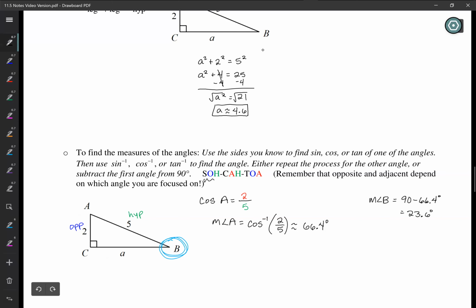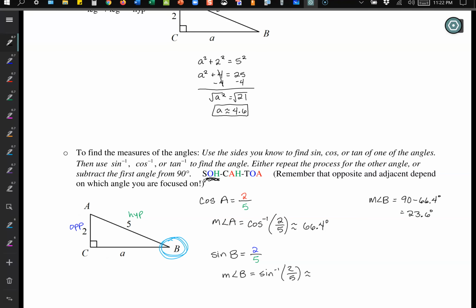Oh, opposite and hypotenuse, sine. So the sine of angle B is opposite over hypotenuse, 2/5. Hey calculator, I have an angle and its sine is 2/5. Tell me how big it is. What's the inverse sine of 2/5?